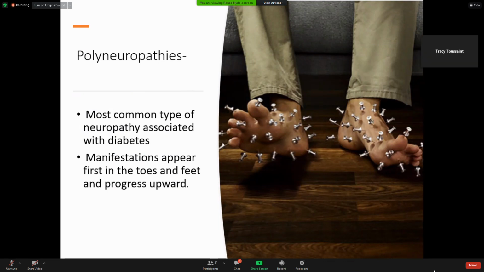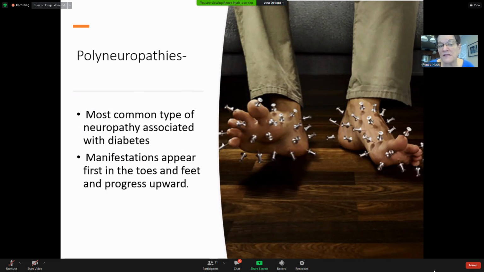Got it. Okay, when you're talking about polyneuropathy, polyneuropathy means involvement of more than one nerve. Diabetes is the most common cause.